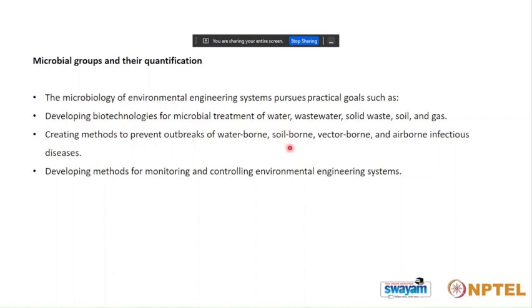Especially in the case of pathogenic organisms, if we study the microbial behavior, we can prevent the spread of the microorganism through water, soil or vector. Based on the nature of the microorganism, we can prevent the spread of those microorganisms. Ultimately, we can prevent the disease spread. So that is the need for identifying microbial groups and quantifying them.